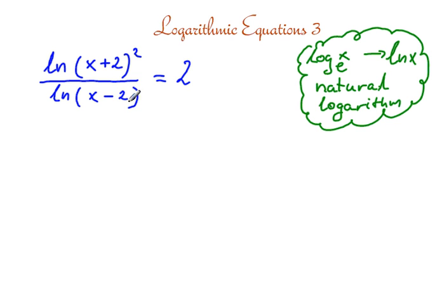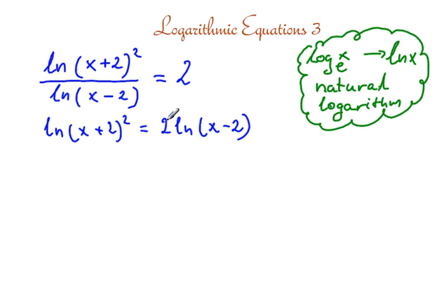Of course, this is for all values of x where the natural logarithm of x minus 2 is not equal to 0. That is very important. So let's eliminate the fractions. So ln(x plus 2) squared is equal to 2 times natural logarithm of x minus 2.